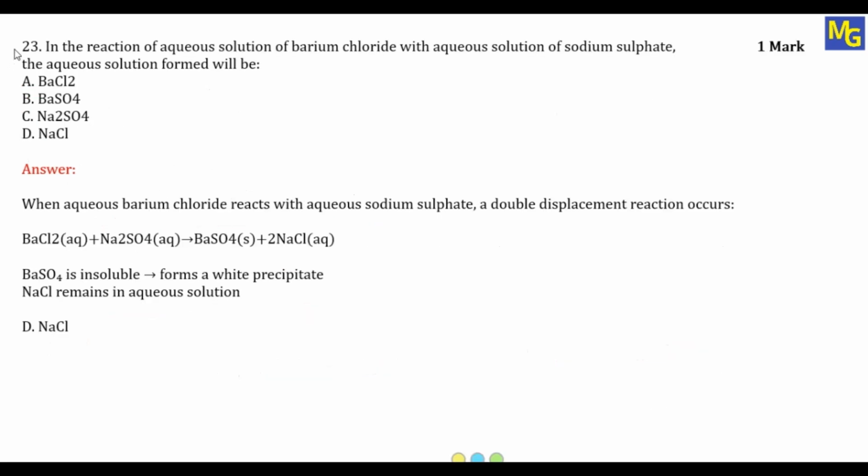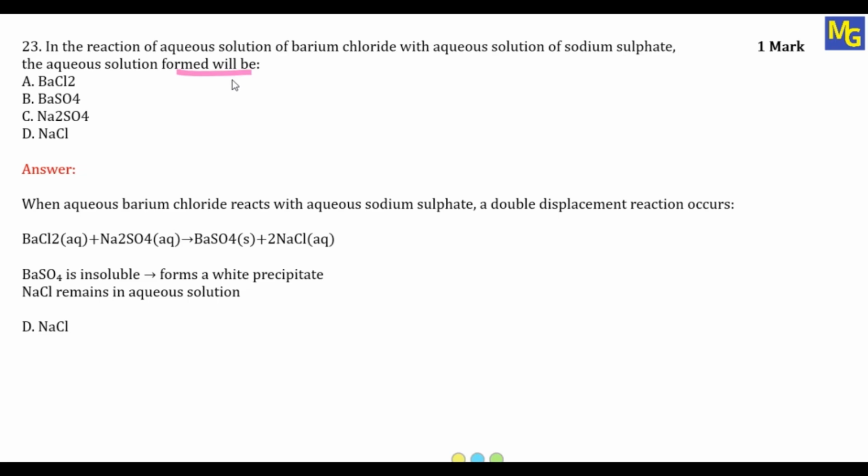Now question number 23, in the reaction of aqueous solution of barium chloride. So barium chloride means BaCl2. It is aqueous, with aqueous solution of sodium sulfate. Sodium sulfate is nothing but Na2SO4. So if we mix both aqueous solutions, if we react each other, then in the product, which will be the aqueous solution?